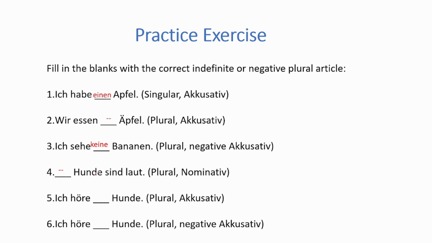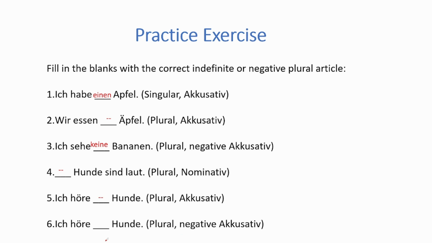Ich höre, fill in the blank, Hunde. As I said, Hunde is plural, and in accusative form we have no indefinite article ein or eine. So we won't fill anything over here. So it will be just ich höre Hunde.